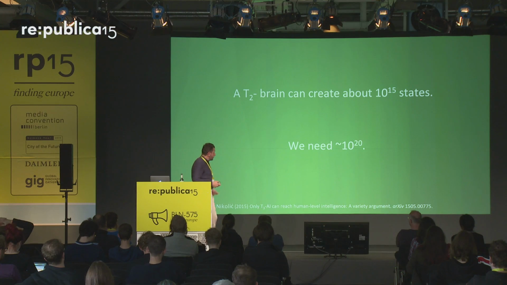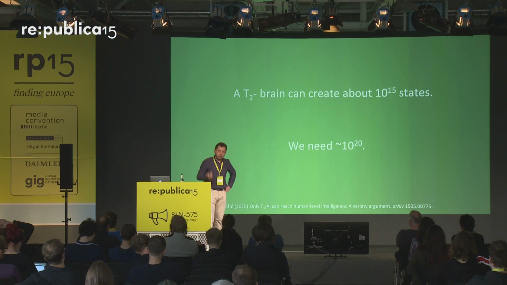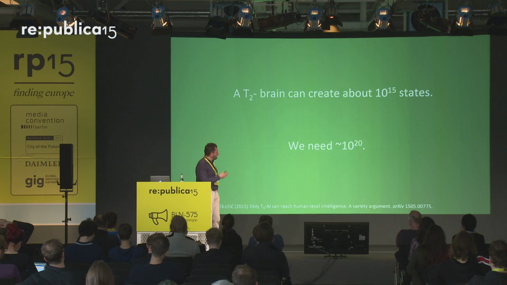It's difficult to estimate this number, but I found a way by using the known capacity of working memory. And the number that I get is about 10 to the 20. So this is 5 orders of magnitude bigger. This is 5 zeros difference, right? This is 100,000 times the brain we have.